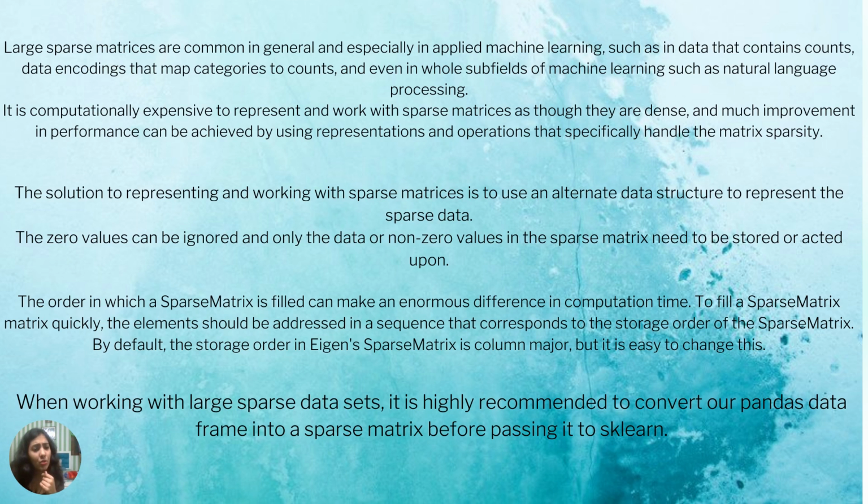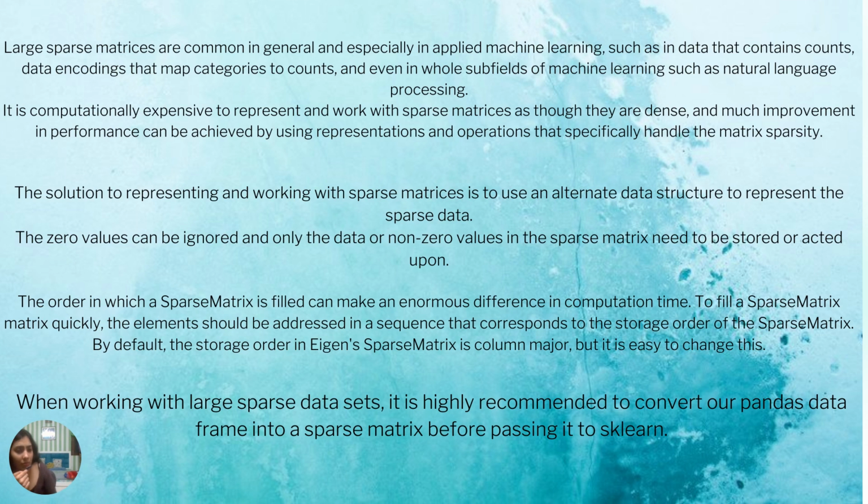The solution to working with sparse matrices is to use an alternate data structure to represent the sparse data. The zero values can be ignored and only the non-zero values in a sparse matrix need to be stored or acted upon.